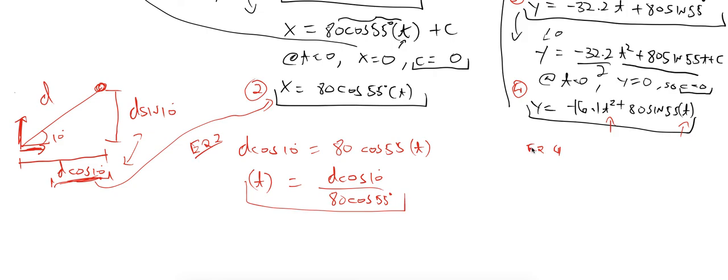So with equation 4, what I should also be doing is take a point of interest that I use, that x, which is where we land, and replace it. So d sine 10 is equal to negative 16.1 t squared plus 80 sine of 55 times t.